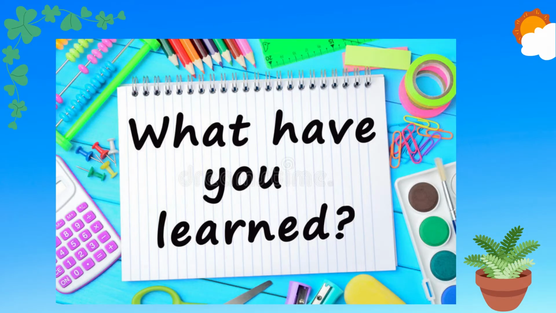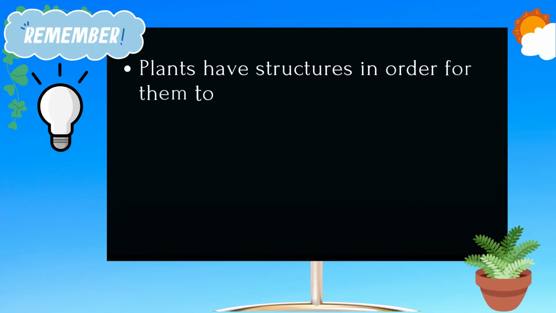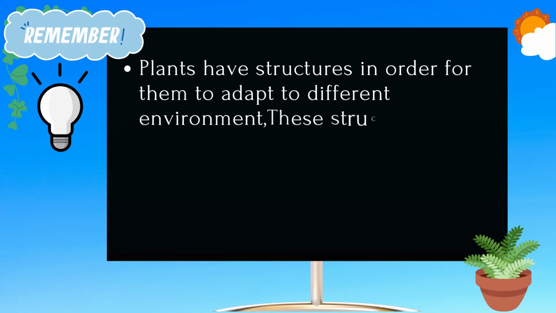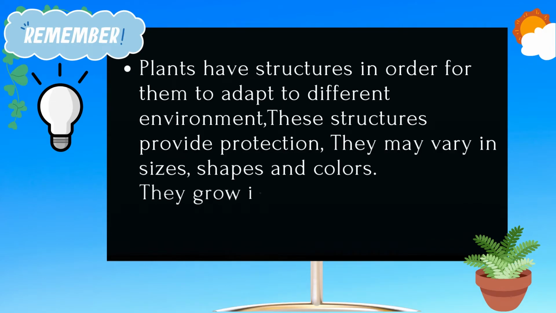Let's see what we have learned for today's lesson. Remember, plants have structures in order for them to adapt to different environments. These structures provide protection. They may vary in sizes, shapes, and colors.